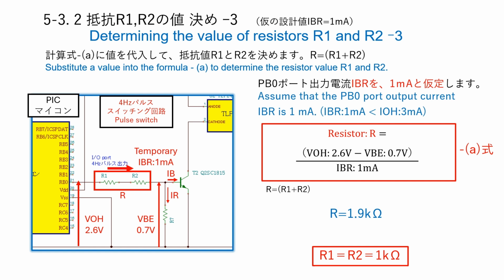Base emitter saturation voltage VBE 0.7 volt. PB0 output current IBR 1 mA. To calculate the resistor R, the calculation result is 1.9 kilo ohm. I chose two 1 kilo ohm resistors, R1 and R2. Next, I will explain the RB0 port output current IBR value when the resistor R is 2 kilo ohm.